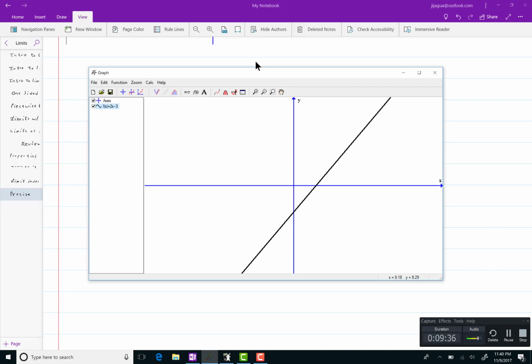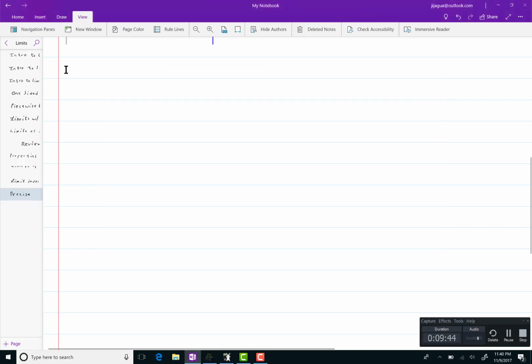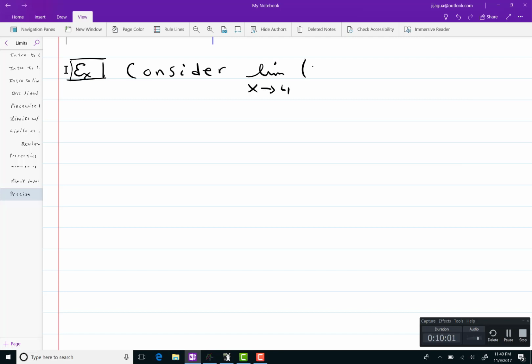All right, and suppose we are interested in the limit as x goes to 4. So let's consider the limit as x goes to 4 of 2x minus 3.